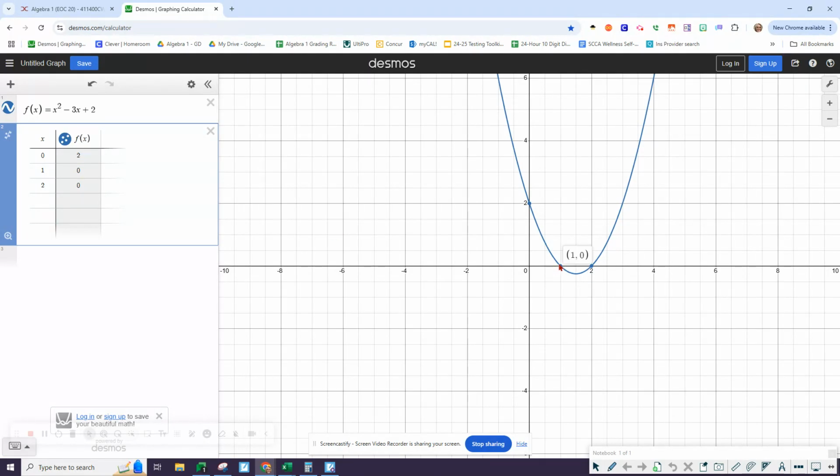It'll also show them on the graph for you. So that answers the first question that you have.